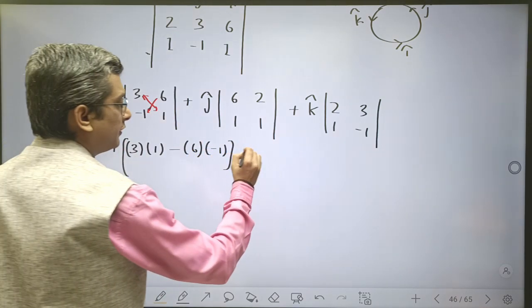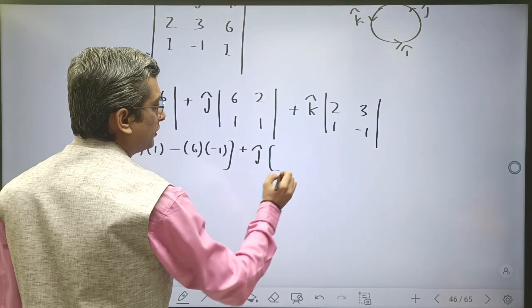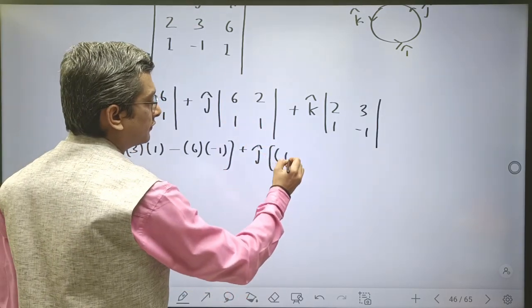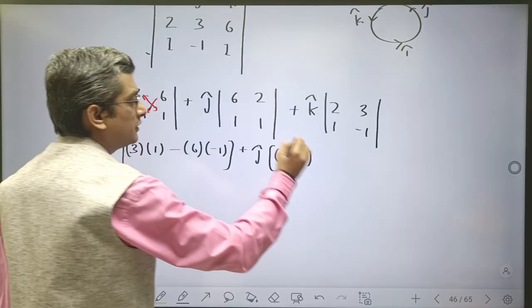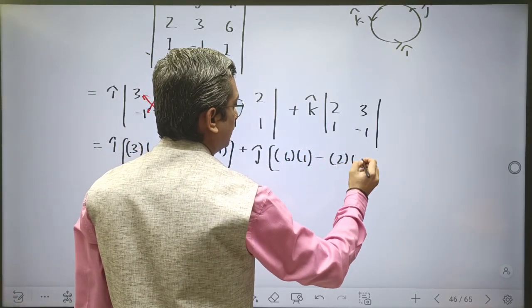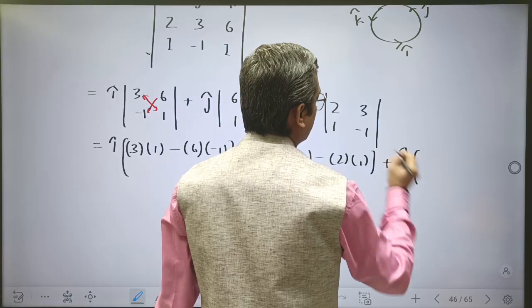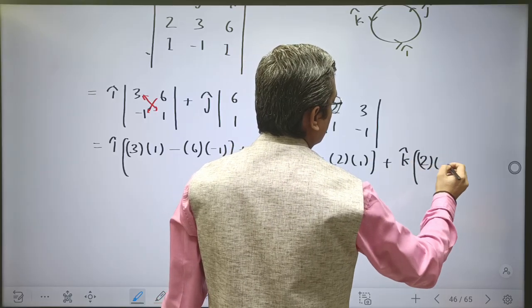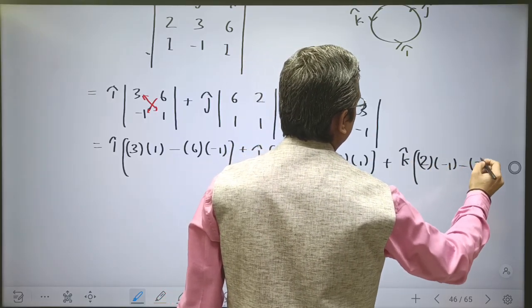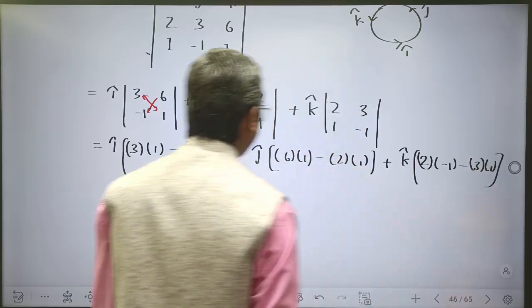Close the bracket. Plus J cap. Now take these cross numbers, that is 6, 1 minus 2, 1, plus K cap, 2, -1 minus 3, 1, isn't it?